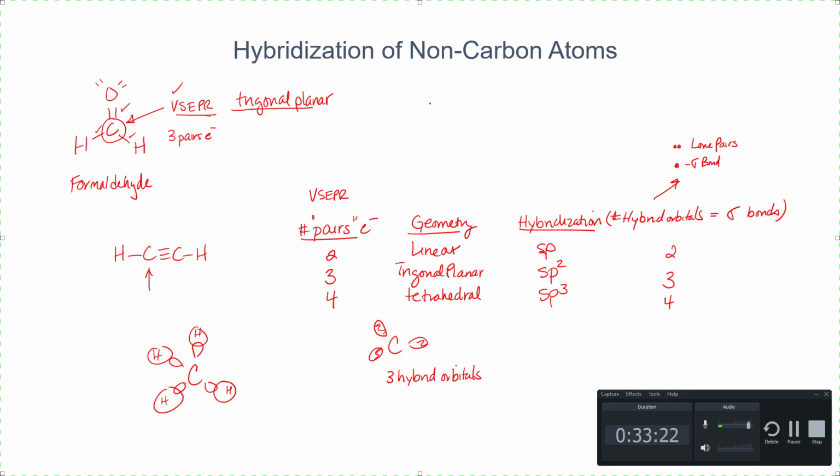So what that means is that the number of hybrid orbitals around a central atom is equal to the number of sigma bonds that atom is involved with plus the number of lone pairs. And that will be true for any atom. It's true for this carbon. How many sigma bonds does this carbon have? 1, 2, 3. It's sp2 because it doesn't have any lone pairs.